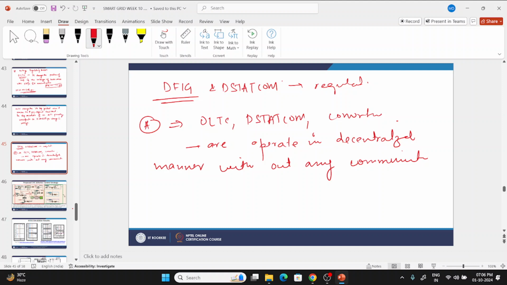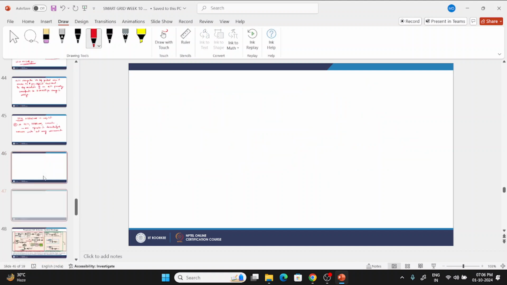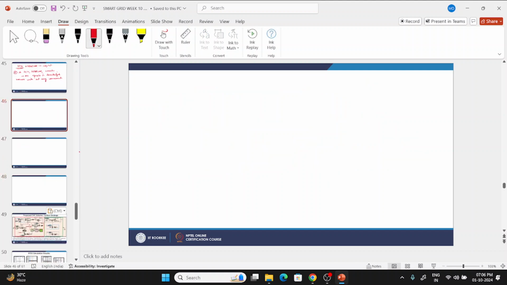Now, another thing is the limitation, because every scheme has some limitations, okay. Limitation of CVC scheme, what is this? First, it gives importance to the speed of operation of devices only, and does not check for availability of the device for particular operating conditions, okay.